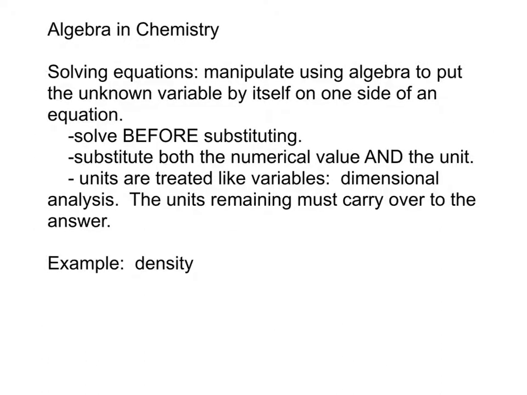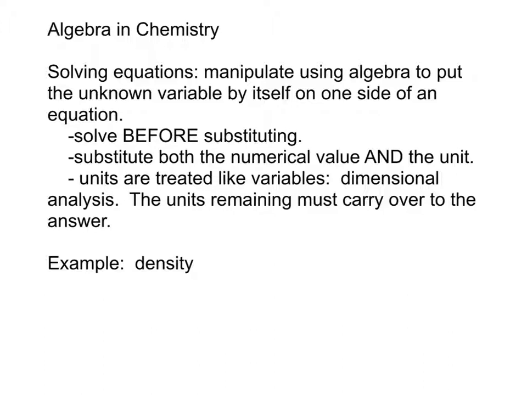Alright, so the biggest hiccup that can happen in chemistry is if you don't remember algebra, or just don't want to remember algebra. So to solve equations in chemistry, you have to be able to manipulate them using algebra to put the unknown variable by itself on one side of the equation. Our standard is to solve before substituting in the numbers, which means you have to substitute both the numerical value and the unit once you do substitute them.